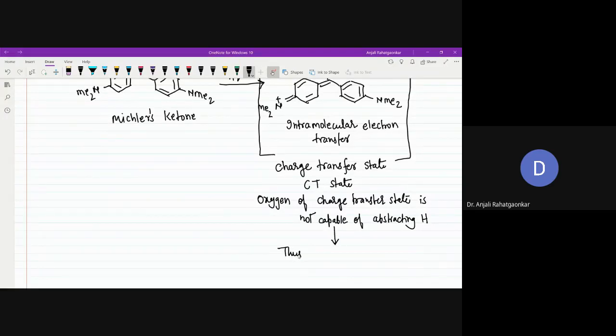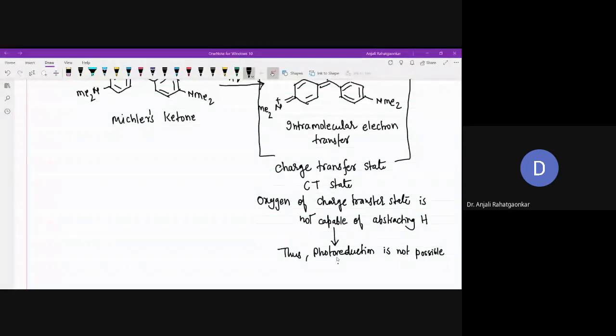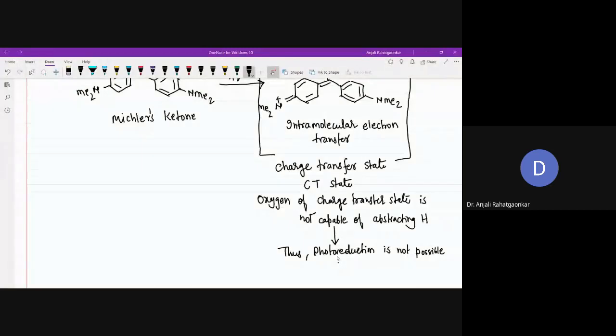Thus, photoreduction is not possible. So these two factors you have to remember: which moieties undergo photoreduction and which moieties do not show any photoreduction.